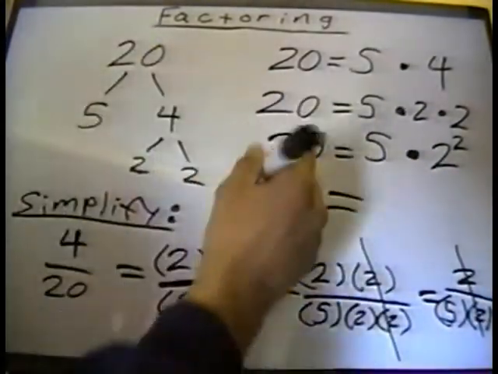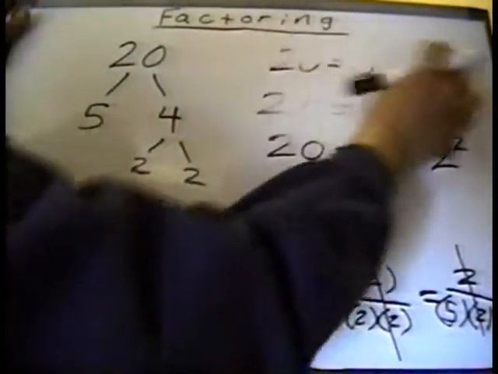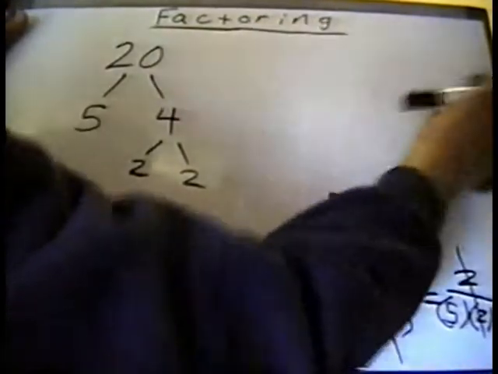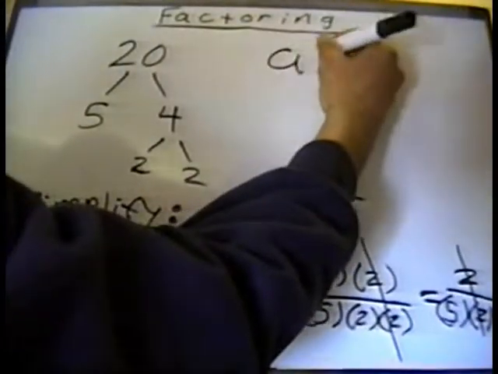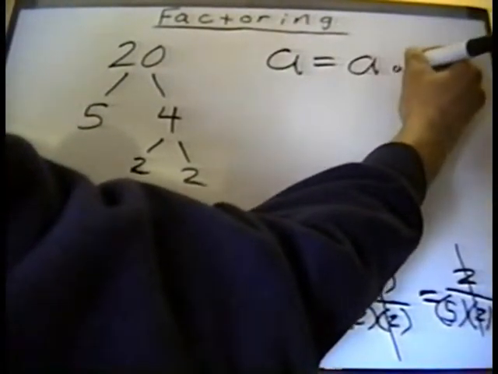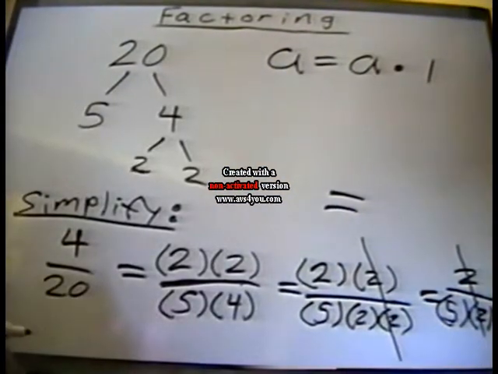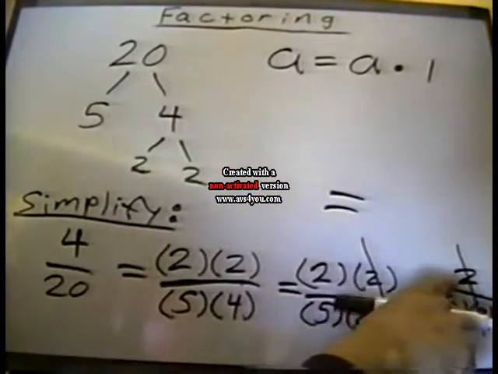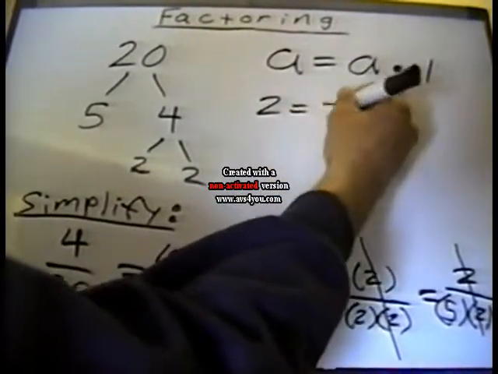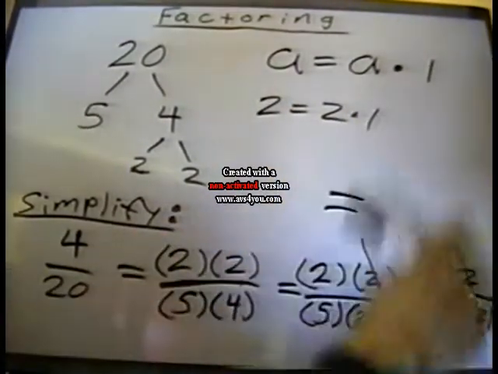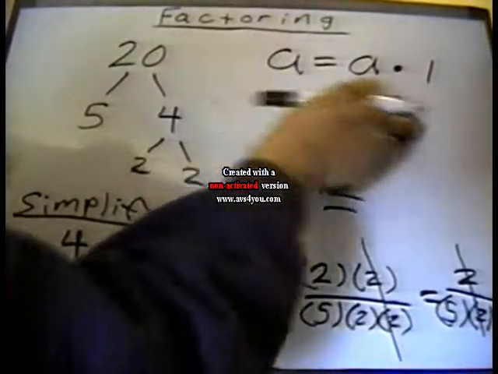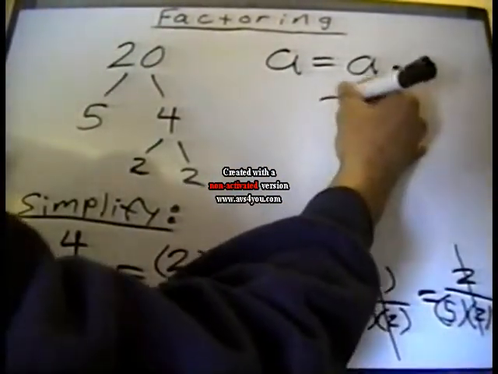Now, what you're going to be left with, remember I said that any number can be multiplied by 1 and it still equals that same number. So 2 isn't just a 2. 2 is equal to 2 times 1.